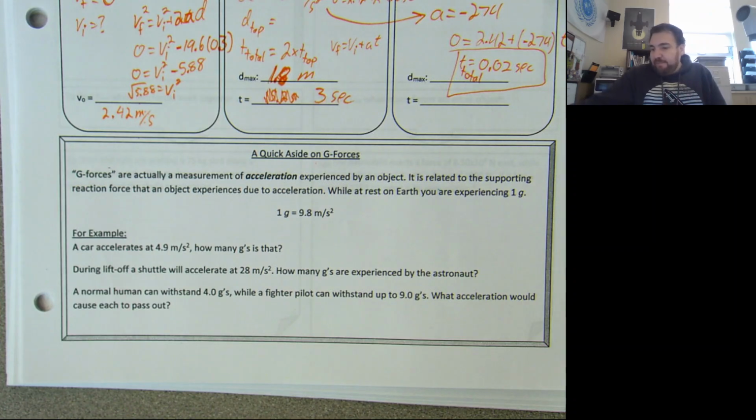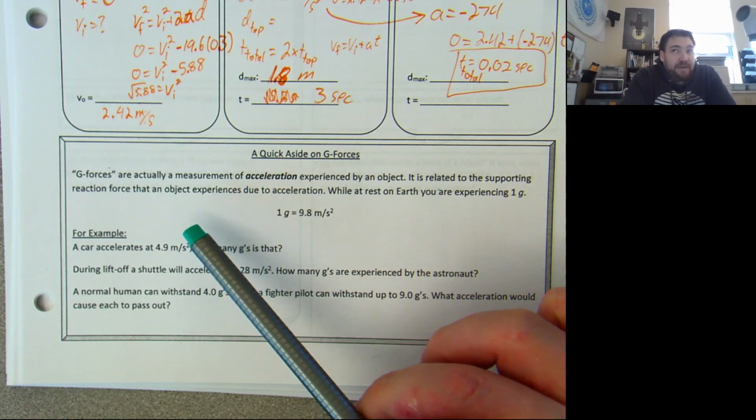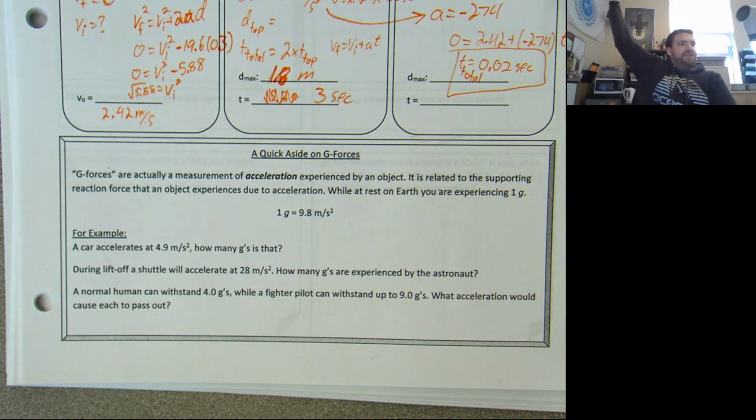One of the things that pops up in this conversation is this idea of g-forces. So we talked about the force of gravity. The force of gravity is the force created by a massive object on everything interacting with it. How many of you've heard of this term g-force before? Okay.